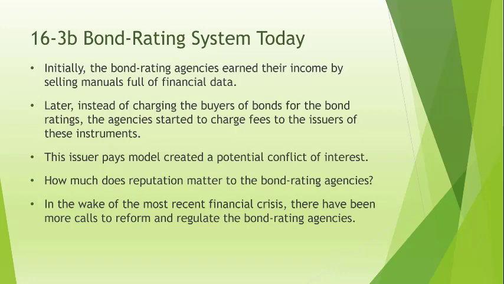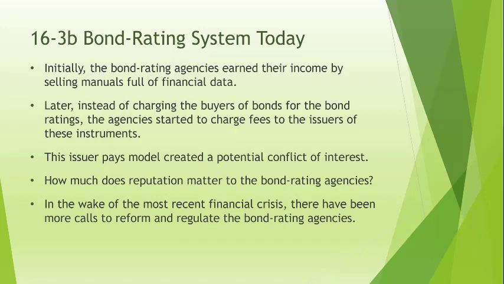Now, it's created a conflict of interest, of course, because as the issuer pays, if the issuer doesn't like the bond rating it gets, then it can ask for its money back, or it can just not pay and go to another bond rating agency.